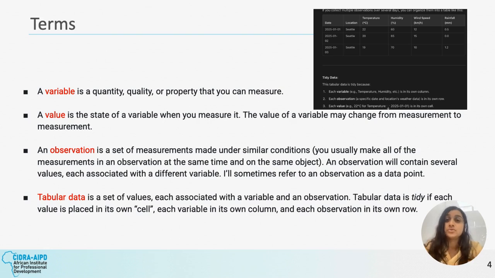There are different values associated with each of these variables. And it's also an example of tabular data. Tabular data is a set of values, each associated with a variable and an observation. Tabular data is tidy if each value is placed in its own cell, each variable in its own column, and each observation in its own row.